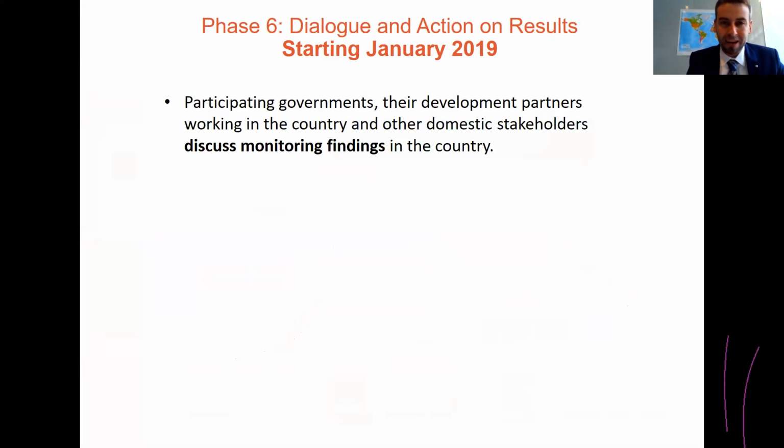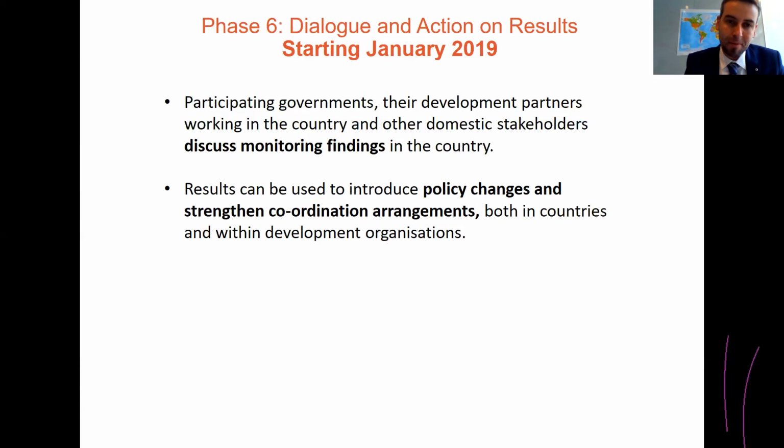It's in revealing all this information on how things are working in terms of the partnership with the different development partners and actors at the domestic level, and in finding ways to work better together, be more effective together, introducing policy changes and strengthening existing coordination arrangements. So as I was mentioning at the beginning, your institution is empowered to play the role that it has been mandated in a more effective manner.